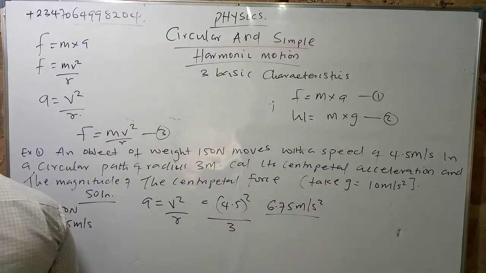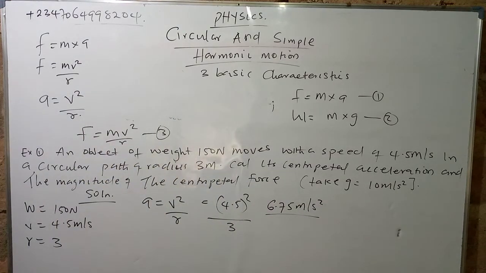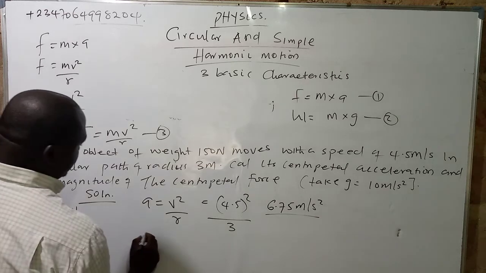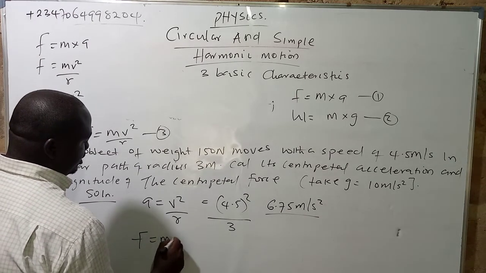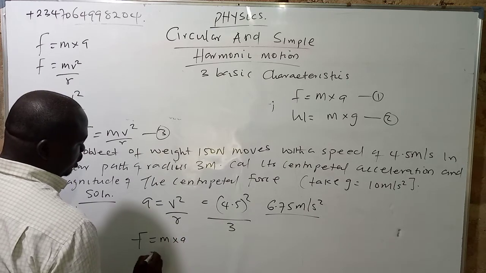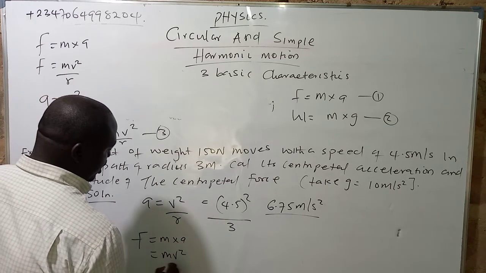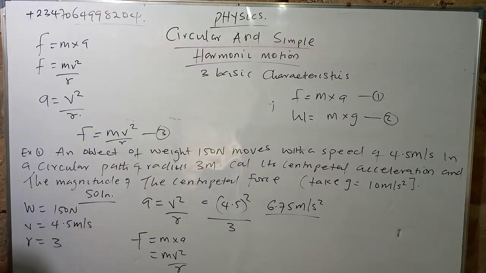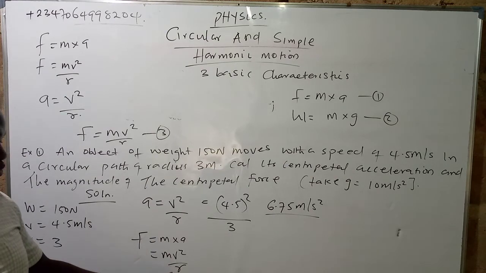Now, they also want us to calculate the magnitude of the centripetal force. Remember the centripetal force is m times acceleration, or mv squared all over r. We have already calculated the acceleration. Now, there's a trick here. They did not give us mass, we only have weight.